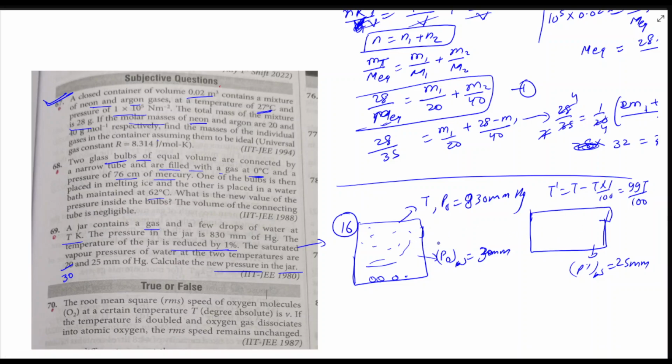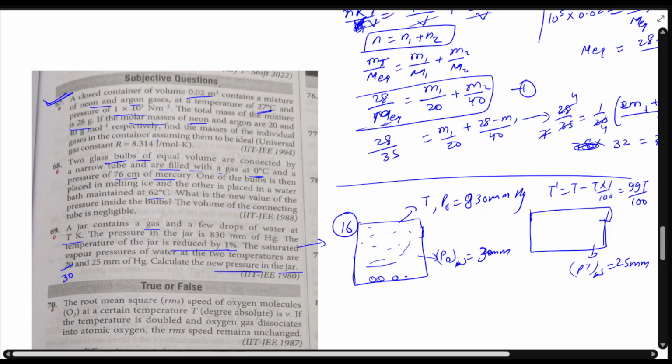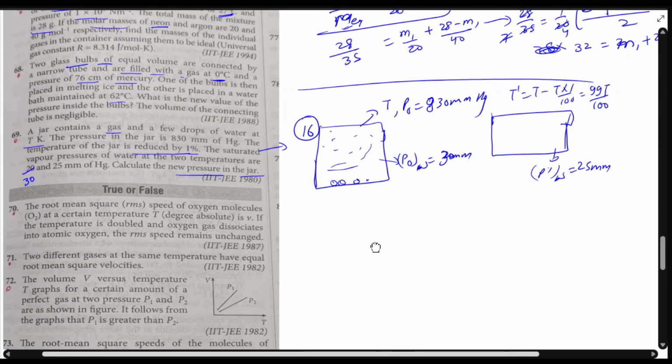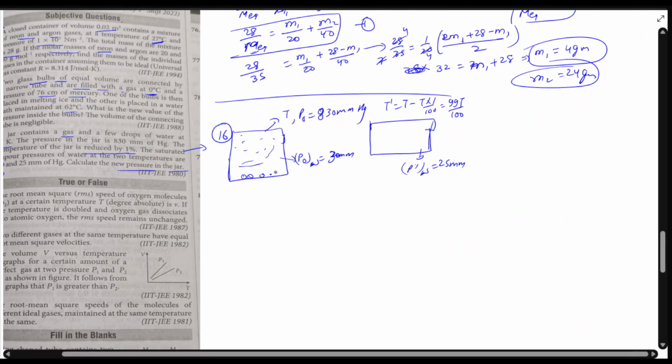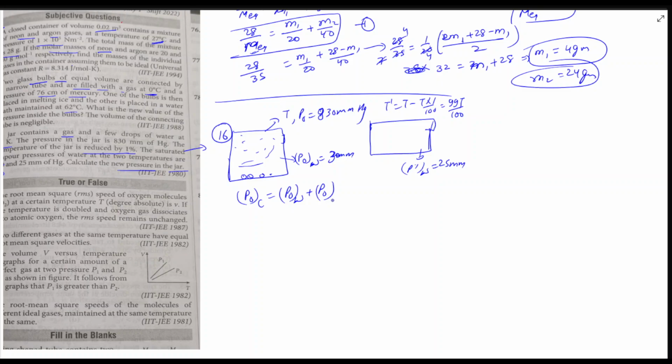So let me write the equation for the partial pressure, right? Initially P naught of container was equal to P naught of water plus P naught of gas.